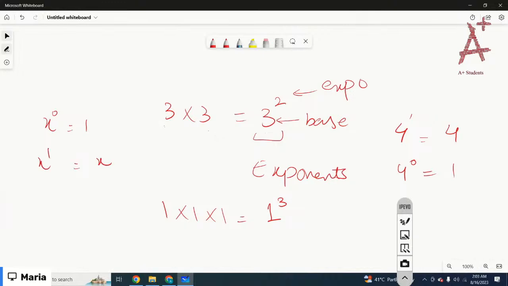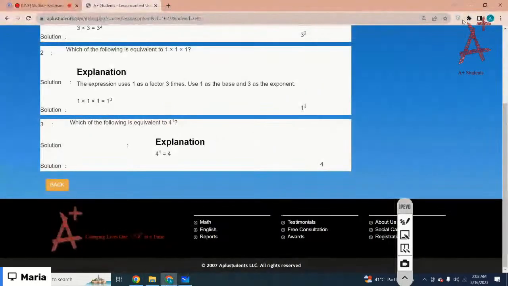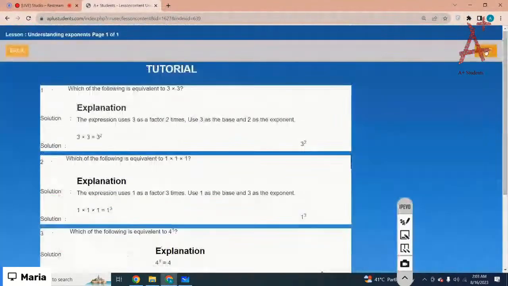These are some very basic things related to exponents. You can note them down and keep them in your mind. Let's start with the practice questions.